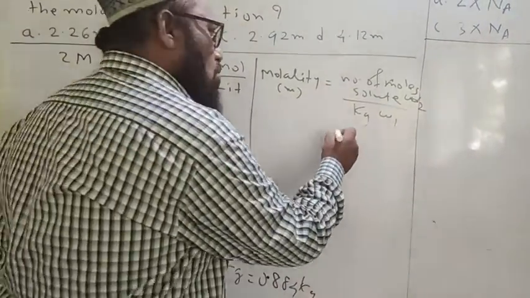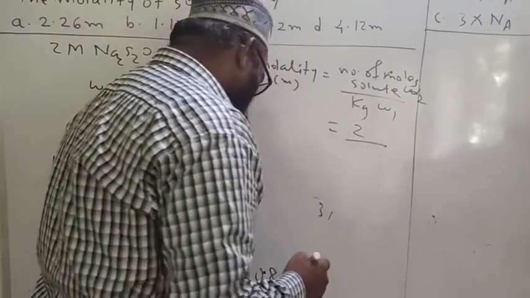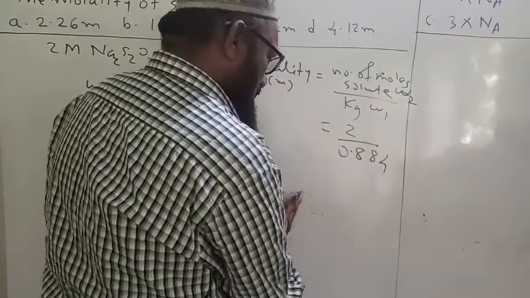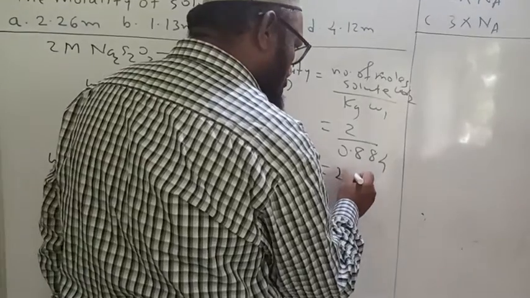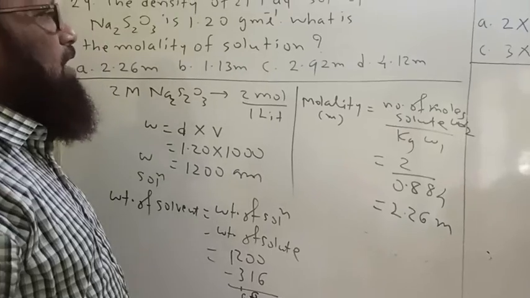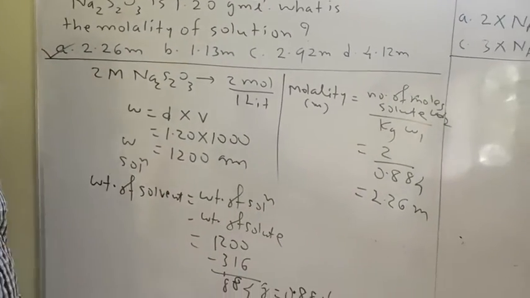What is the number of mole of the solute? 2. What is the weight of the solvent here? 0.884. The answer comes to be 2.26 mole. This is the molality of the solution. Option A is the correct one.